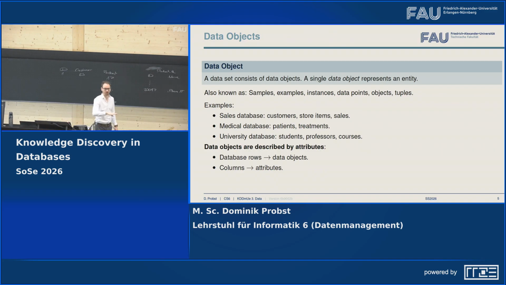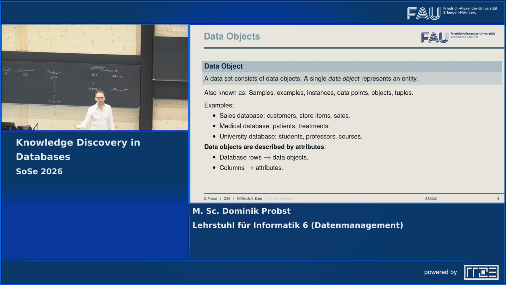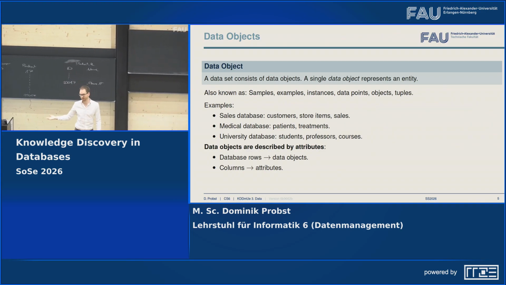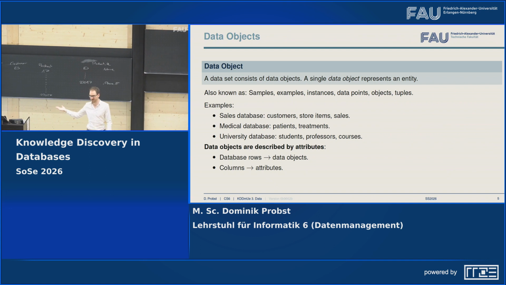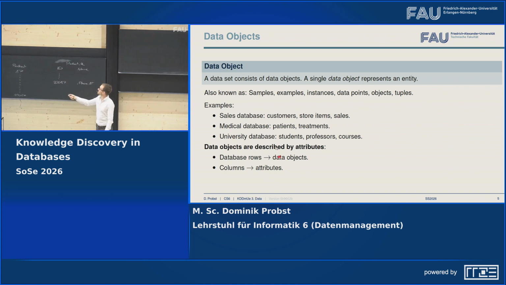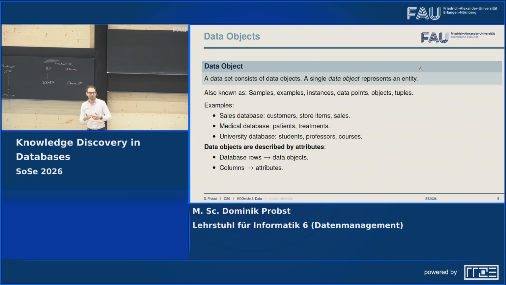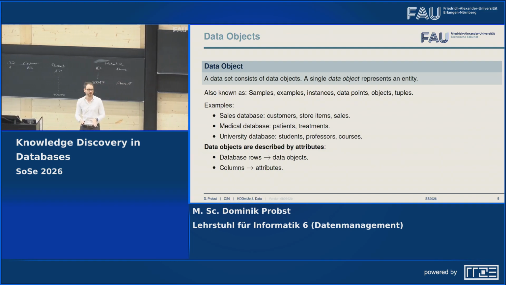Because I come from relational databases, and the term you're using most often in relational databases is tuples for data objects. But all these terms, samples, examples, instances, data objects, tuples, are pretty much the same thing for the context of KDD. There might be some exceptions. Once we get to these exceptions, I will tell you.